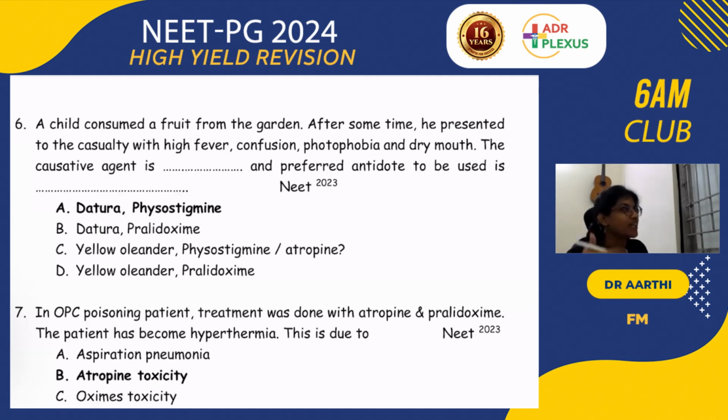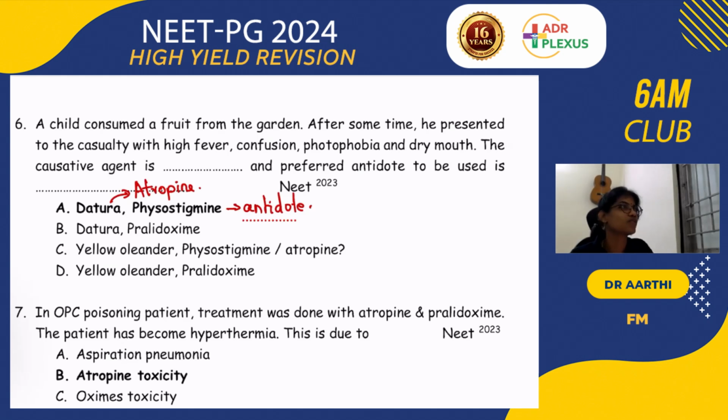And datura, the active principle is nothing but your atropine, right? Now, once you see atropine, the antidote for atropine is physostigmine, right? Antidote becomes physostigmine.